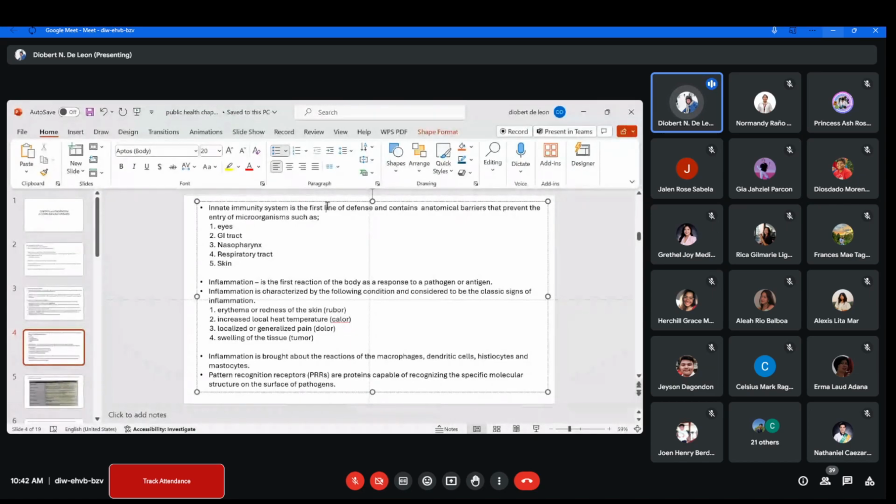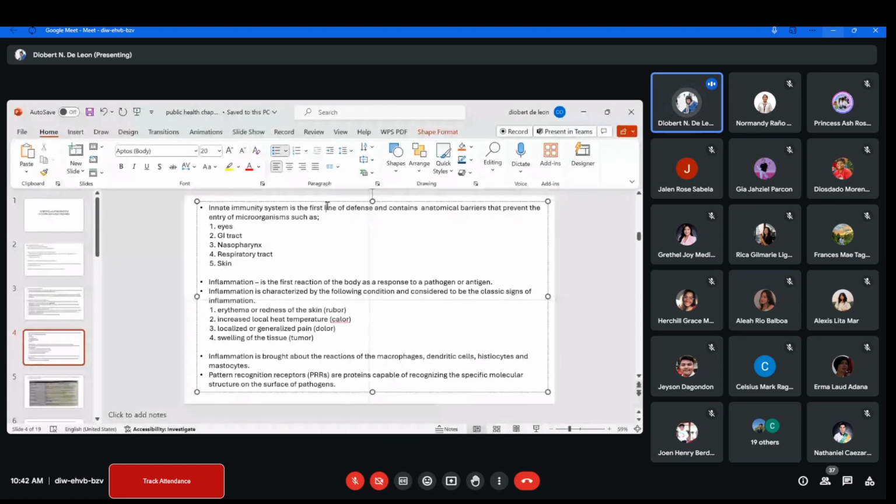Inflammation is brought about by the reactions of what we call macrophages. It's a type of white blood cell that surrounds and kills microorganisms. We have the dendritic cells, which are a special type of immune cell found in your tissues and skin. They also boost immune responses by showing antigens on their surface to other cells of the immune system.